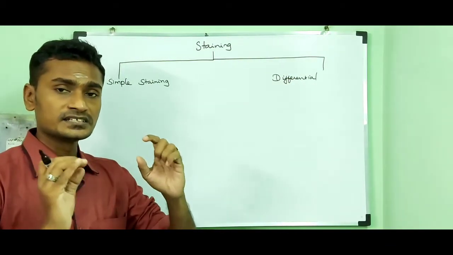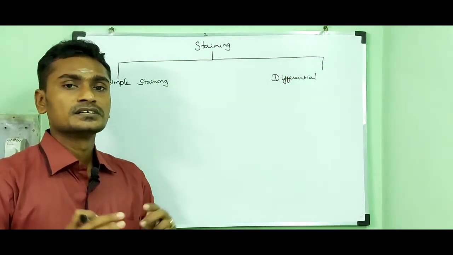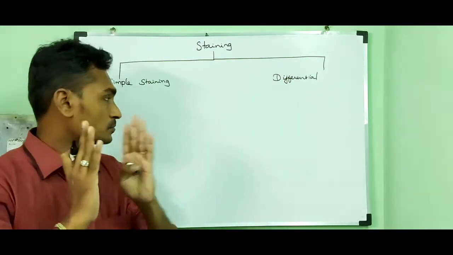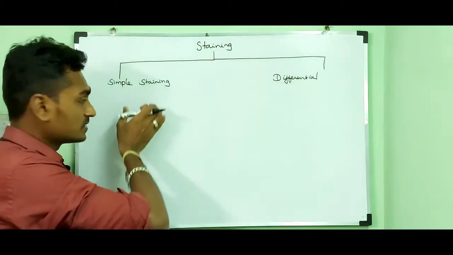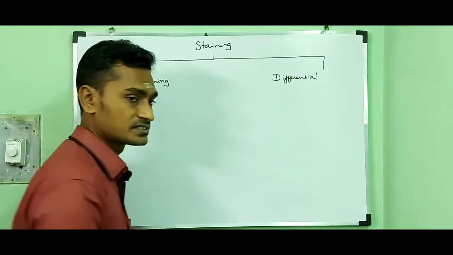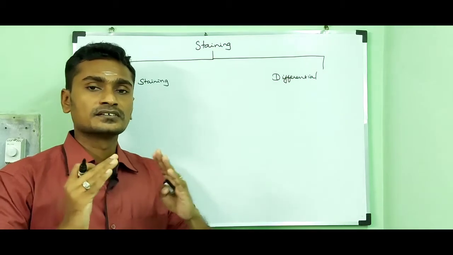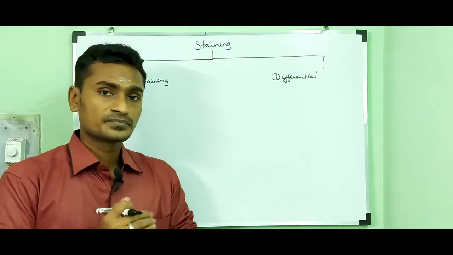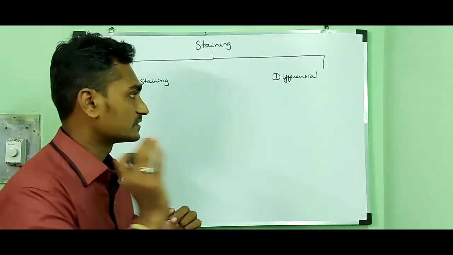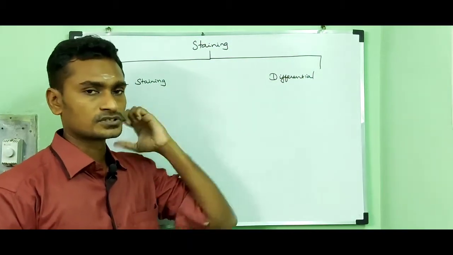A single staining reagent is used to stain the cell structure with a simple staining procedure, and that process is called simple staining. While in the case of differential staining process, more than one staining reagent is used to stain the cell structure, and it exhibits different staining, and that process is called differential staining process.